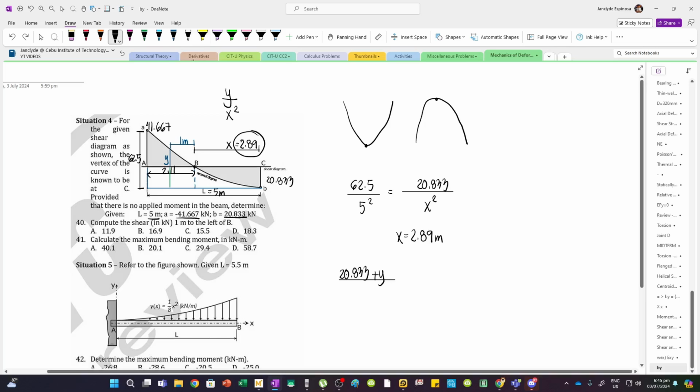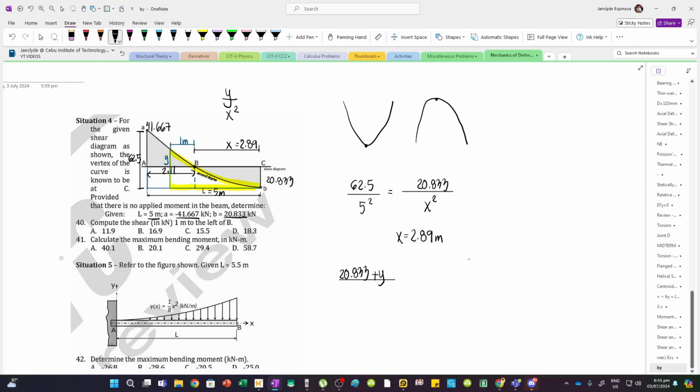Again, we are essentially considering this spandrel. The base is 2.89 plus 1, this whole distance, and the height is equivalent to y plus 20.833.